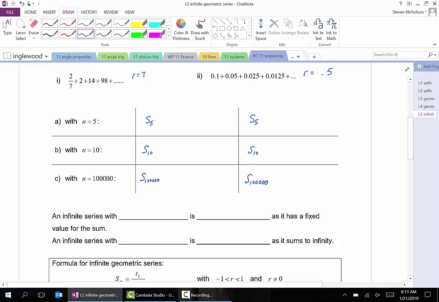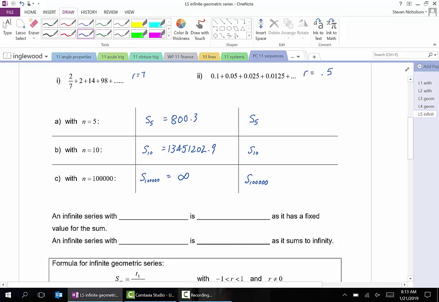Okay, so hopefully you've done that, and I'm not going to show the calculations because you should have gotten these numbers with the formula. Here's the numbers I got. And this one was so big, I couldn't figure it out, so I'm going to call it infinity.